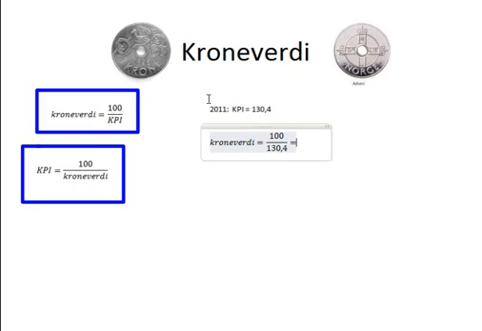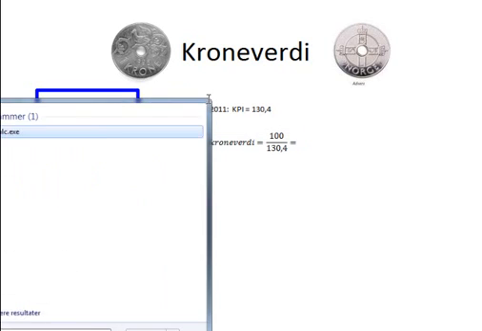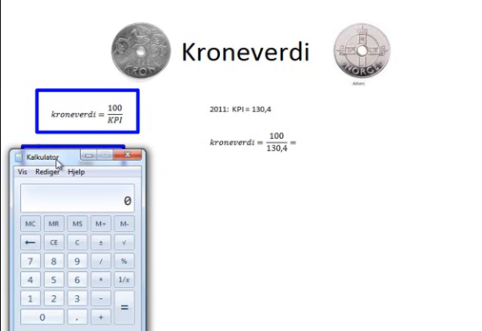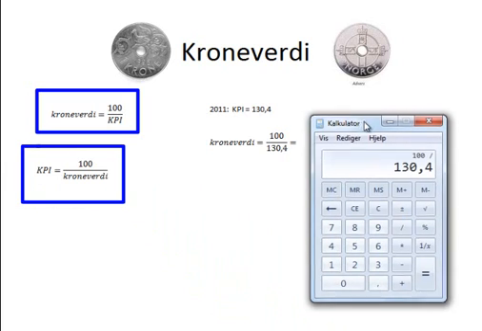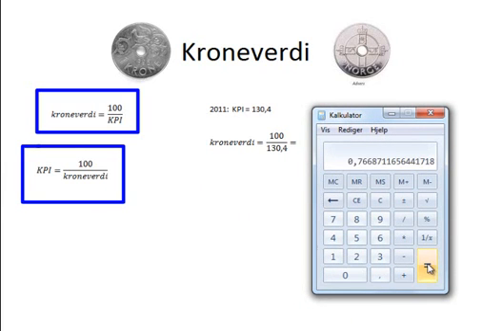And we're almost finished. I just need a calculator to find the answer. And we're going to divide two numbers, so I just need this simple one. 100 divided by 130.4 equals 0.76687 and so on.